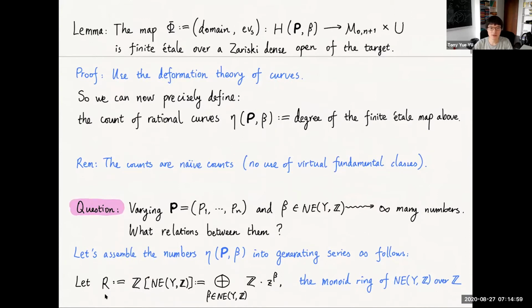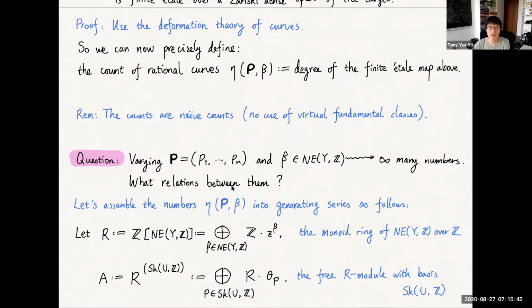First, we want to take into account all curve classes, and the natural thing to do is to consider the monoid ring over all curve classes. So let R be the monoid ring over all curve classes, which is just a direct sum of copies of the integers Z for every curve class beta, and we denote the basis vector by z to the power beta.